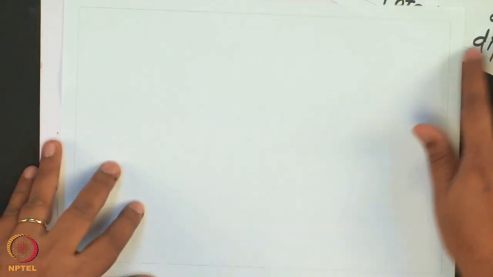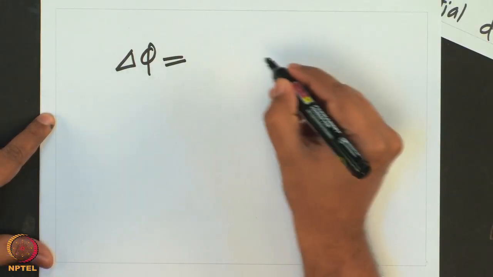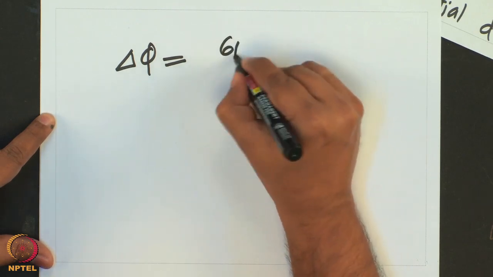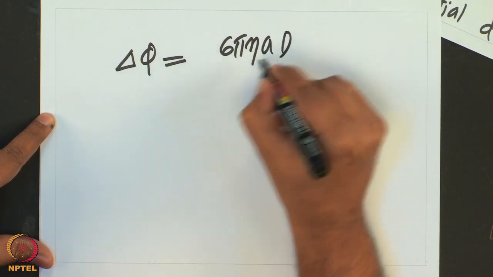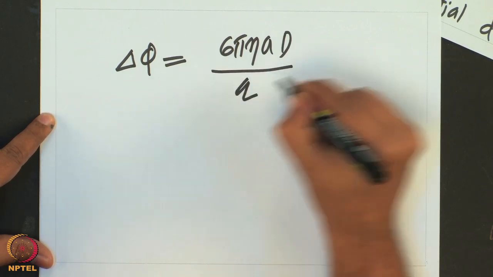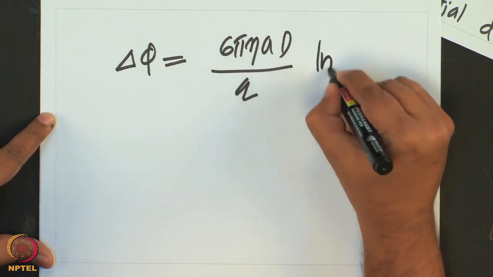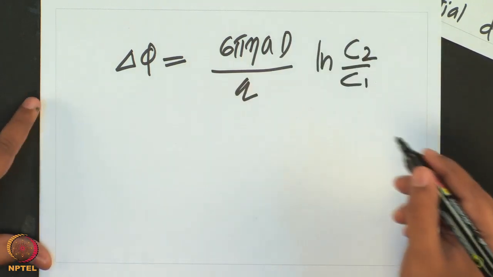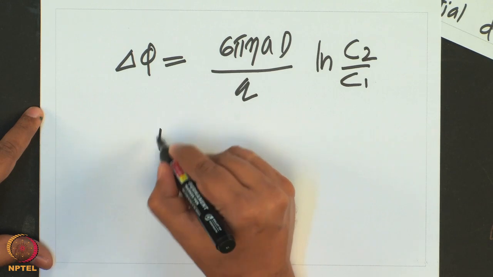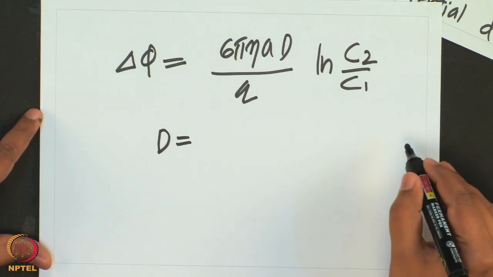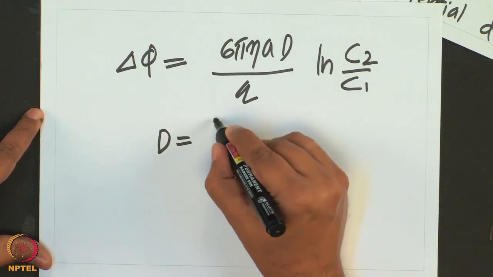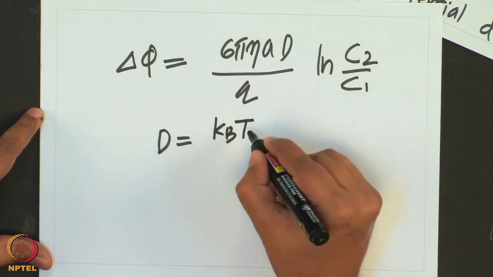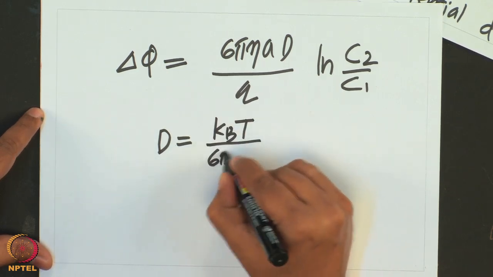So, I can write delta phi is equal to 6 pi eta a d by q times log C2 by C1. I took it to the other side, and we already know from Einstein's relation that d is equal to kBT divided by 6 pi eta a.